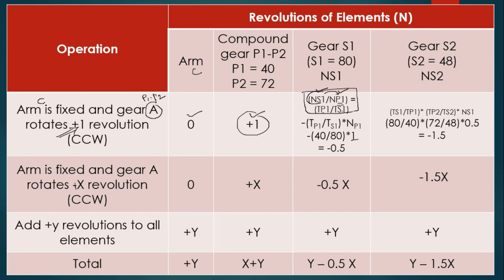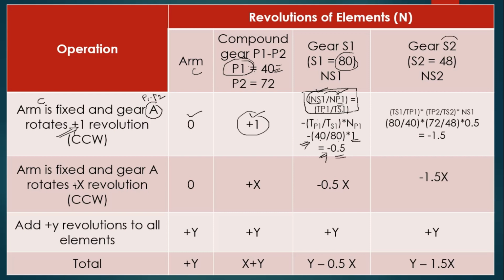What is the value of TP1? TP1 is equal to 40 and TS1 is equal to 80. So minus 40 divided by 80 into 1. Why the minus sign? Because P1 is meshed with S1. P1 and S1 are both meshed with each other externally. So if P1 rotates anti-clockwise, then S1 rotates in the clockwise direction. That's why here the minus sign. So calculate this, then we get minus 0.5.